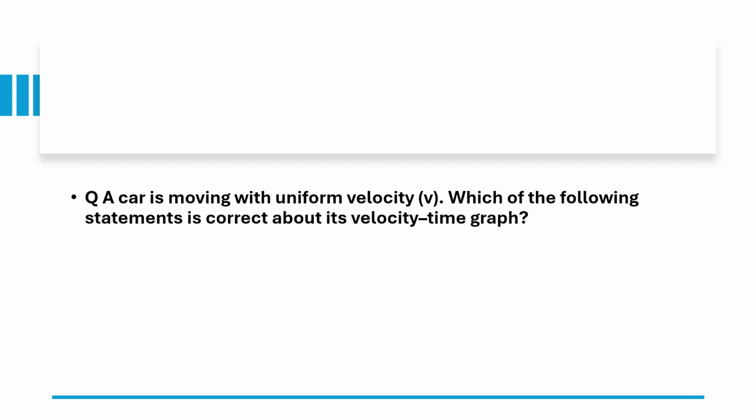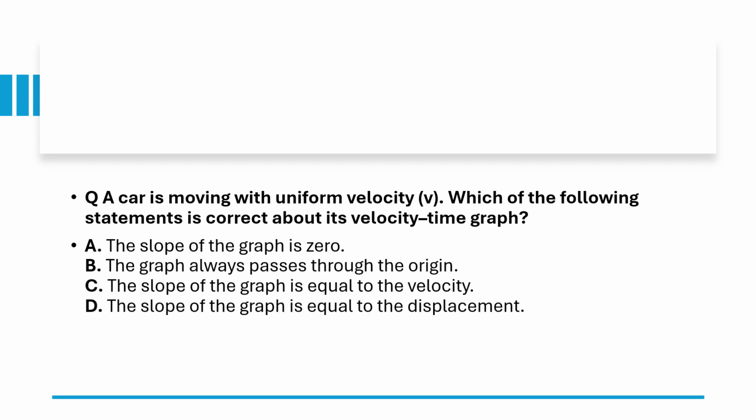A car is moving with uniform velocity v. Which of the following statements is correct about its velocity time graph? Option A, the slope of the graph is 0. Read the following statements and select the most appropriate option.